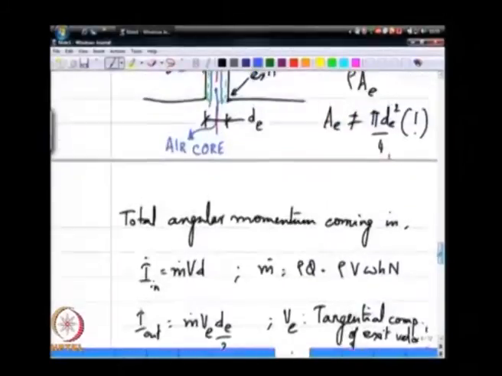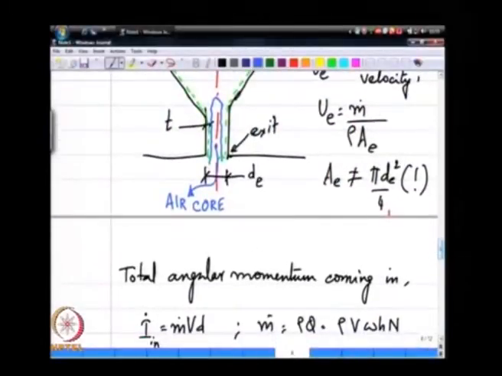So this part of the flow looks like a constant diameter pipe in which you have an inviscid swirling flow, and that inviscid swirling flow is exiting into atmosphere, and that atmospheric air is dragged into the nozzle to create an air core.